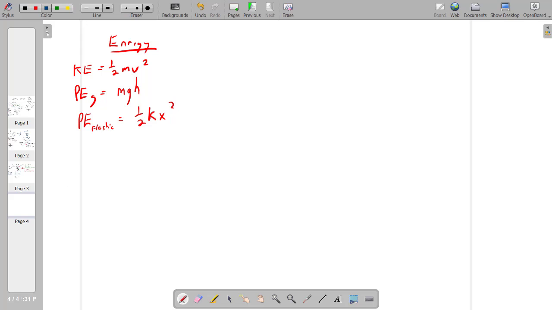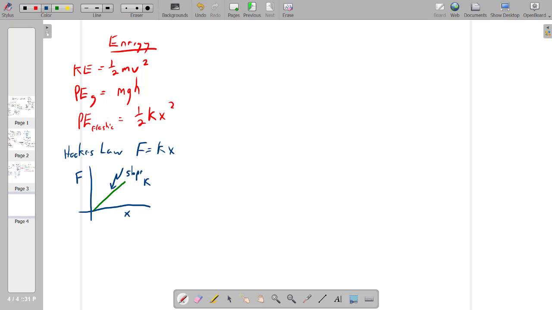And remember k, if I have Hooke's law, says F equals kx. We did this: if you have a graph of F versus x, the slope of this is your k value, and k is your spring constant. It's how stiff the spring is, stiff or soft.